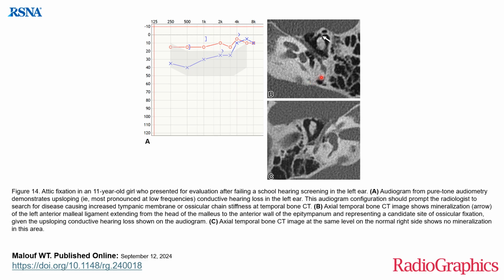On the CT image, we can see there is a mineralization and calcification of the anterior malleal ligament that is causing fixation of the head of the malleus to the anterior wall of the epitympanum, and this leads to the fixation and stiffness in the ossicular chain, which matches with the audiogram pattern. For comparison, this is the normal side, and you can see the black air completely surrounding the ear ossicles, and there is no fixation or calcification or mineralization of the malleal ligament on the normal side.